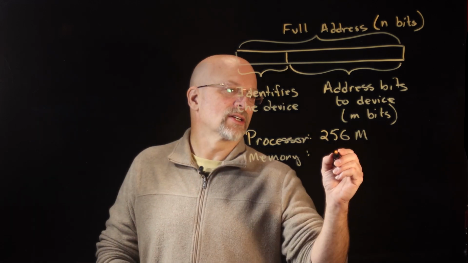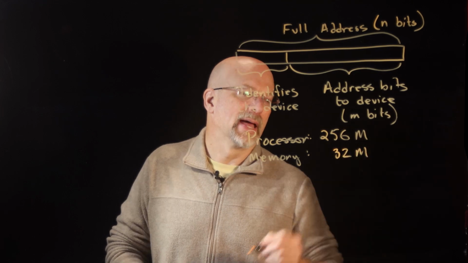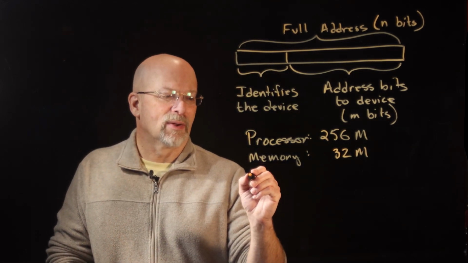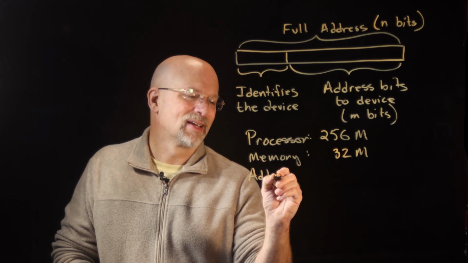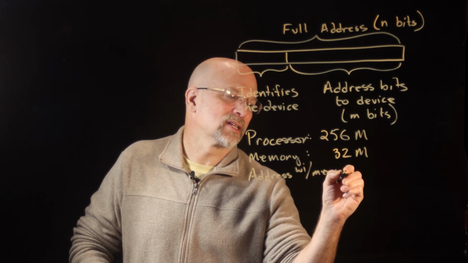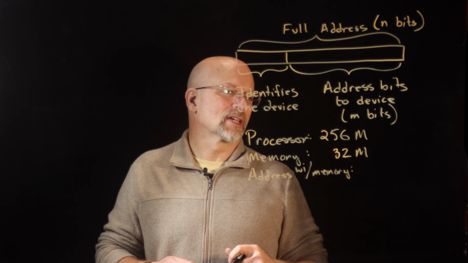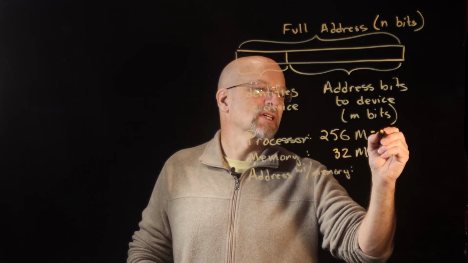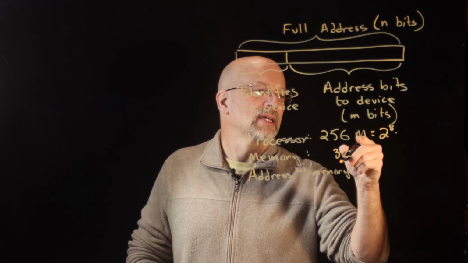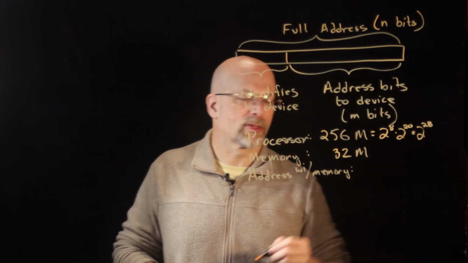But let's say that we're trying to communicate with a 32 meg memory, and a random address within the memory. So, 256 meg is equal to 256, which is 2 to the 8th, times a meg, which is 2 to the 20th, which means it's 2 to the 28th.